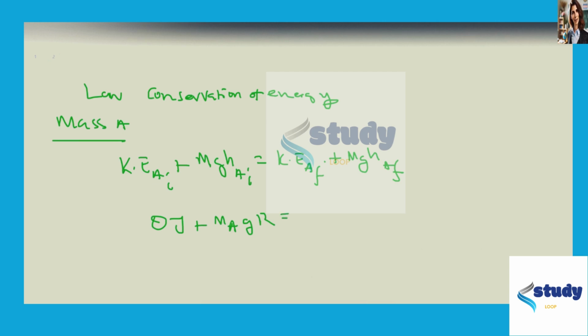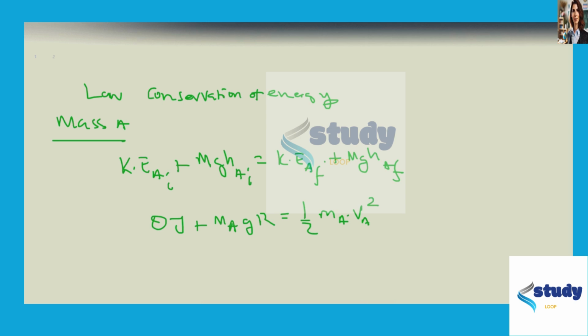And then the final kinetic energy of A is 1/2 mass of A times the final velocity of A squared.